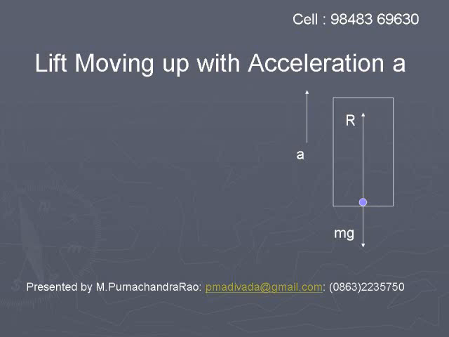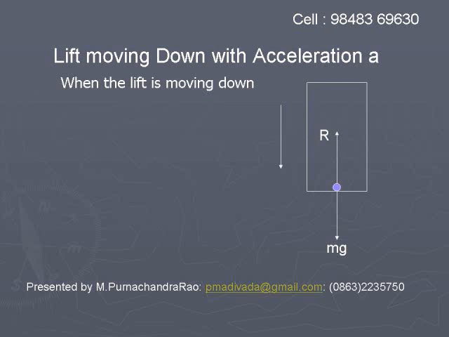Then if the platform along with the mass is moving up with an acceleration a, then R minus mg will be equal to ma, because the resultant acceleration is in the upward direction. Then R minus mg becomes Fr, the resultant force. We have the relation Fr is equal to ma, hence R minus mg is equal to ma.